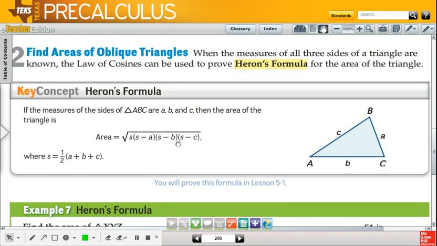Keep in mind that a, b, c are lowercase, where s is equal to 1/2 times a plus b plus c. So when you have your sides, you add up a, b, and c, and then take half of it, that's your s value. And then all you're doing is plugging it into s, and then plugging in your a, b, c values. Those are your sides.